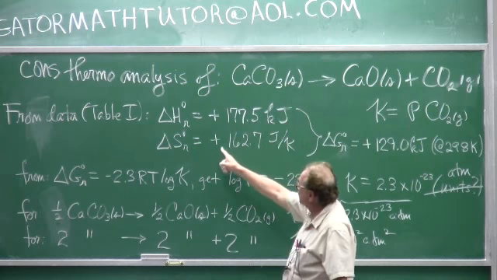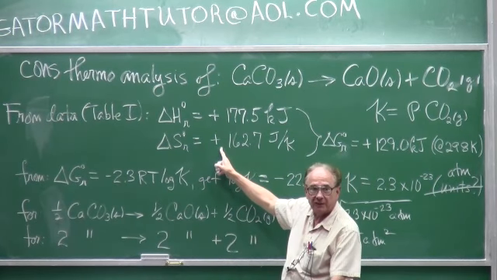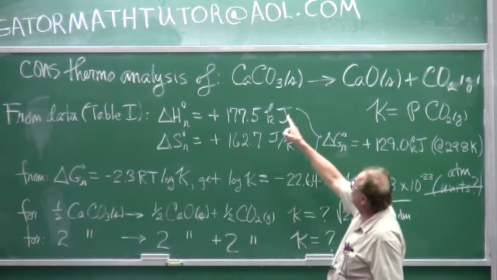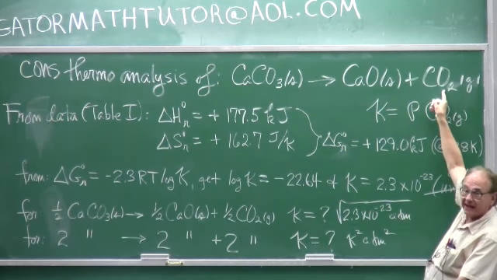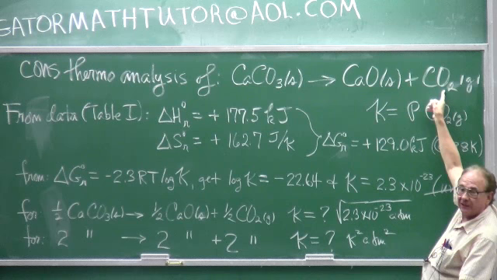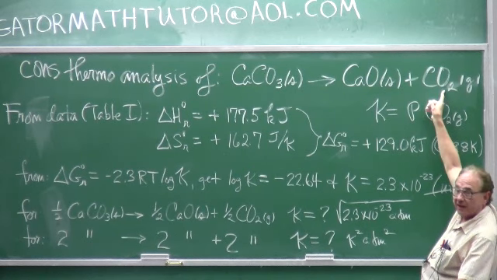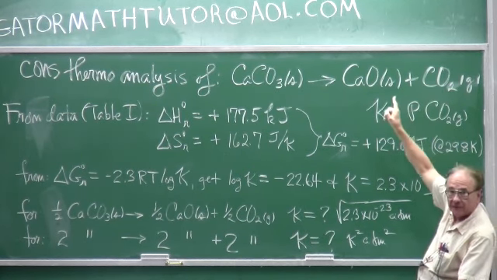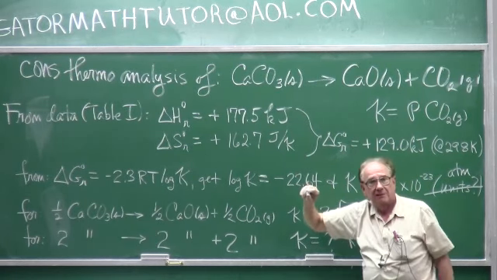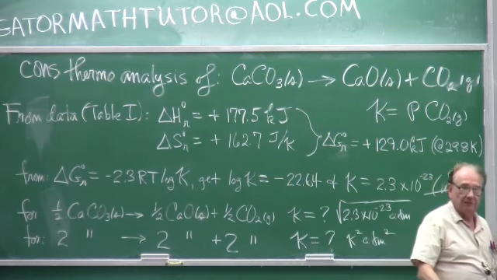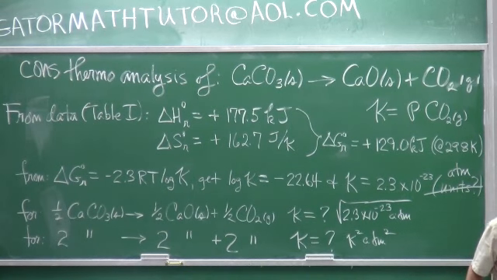Because this reaction proceeds with a favorable change in entropy, which shouldn't be surprising to you because it shows 1 mole of solid become a mole of solid plus a mole of gas. And entropy of gases is in and of itself gives us reason to recognize why this reaction should go if entropy runs the show. So what are we going to do to make entropy run the show?